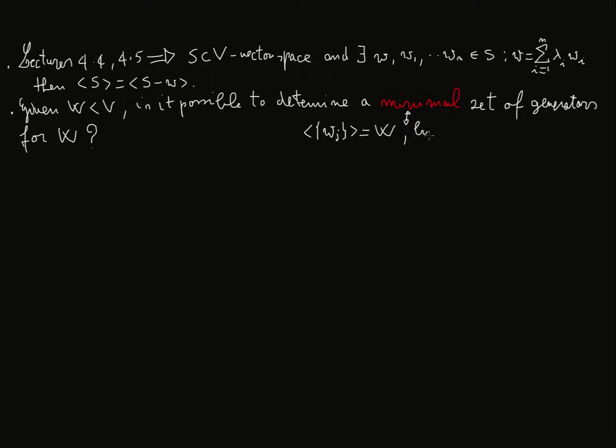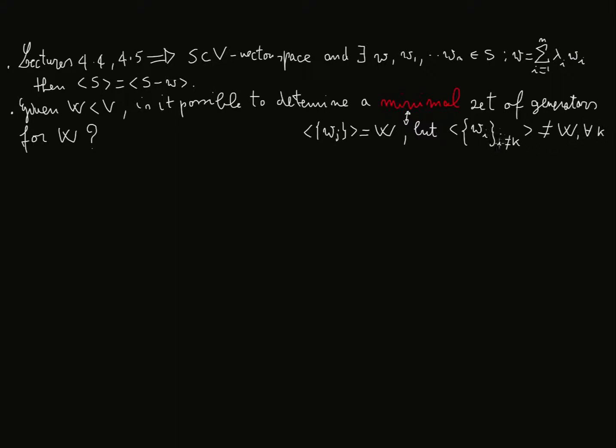but if we remove any of these vectors, any of the Wj's from this generating set, so if we consider the set of Wi's for i different from some k, and we take the vector space generated by them, this will not be W anymore, for any k.